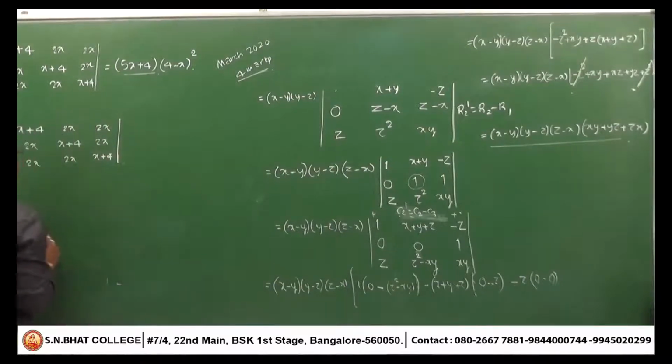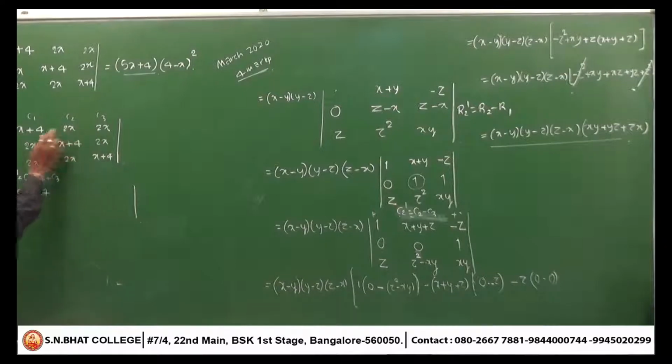Therefore, I am adding all the 3 columns. If you add all the 3 rows also, you will get 5x plus 4 common factor. I am adding the 3 columns. If you add 3 columns or if you add 3 rows, please write it in C1 dash or R1 dash. This C1, C2, C3. I am adding these 3 columns. X plus 2x is 5x plus 4.